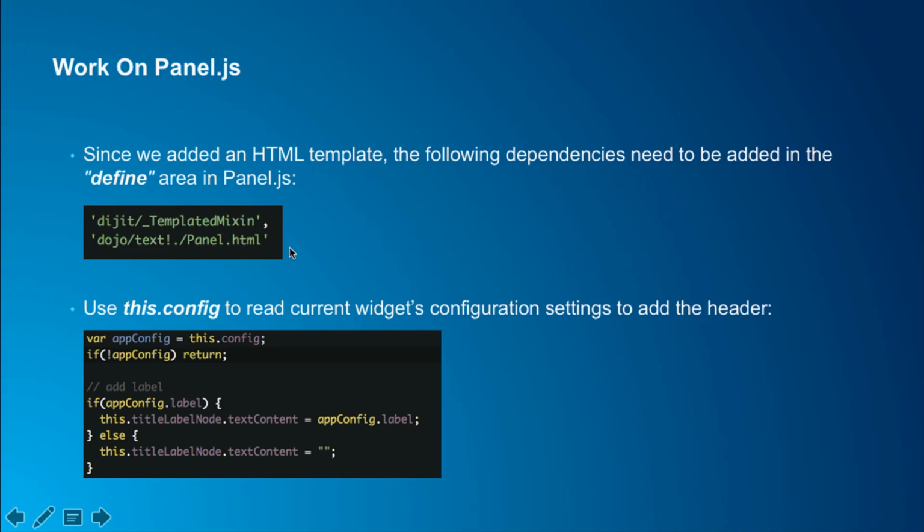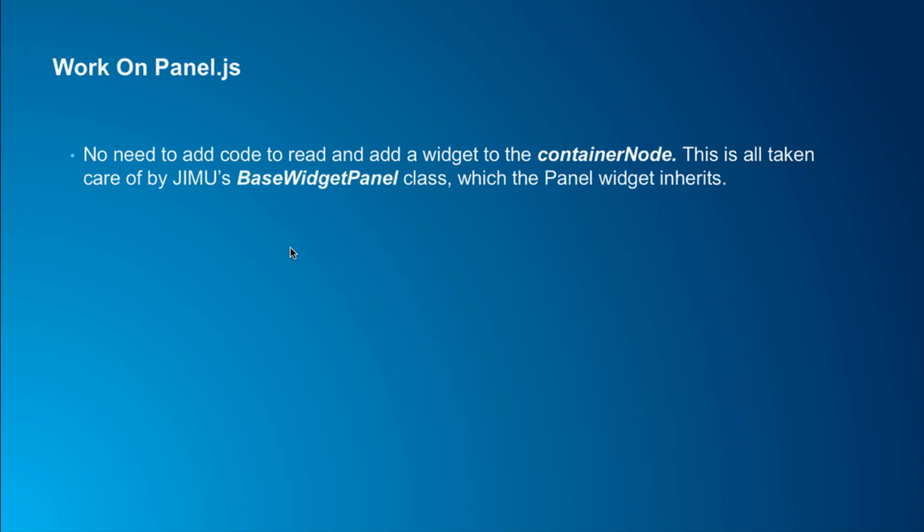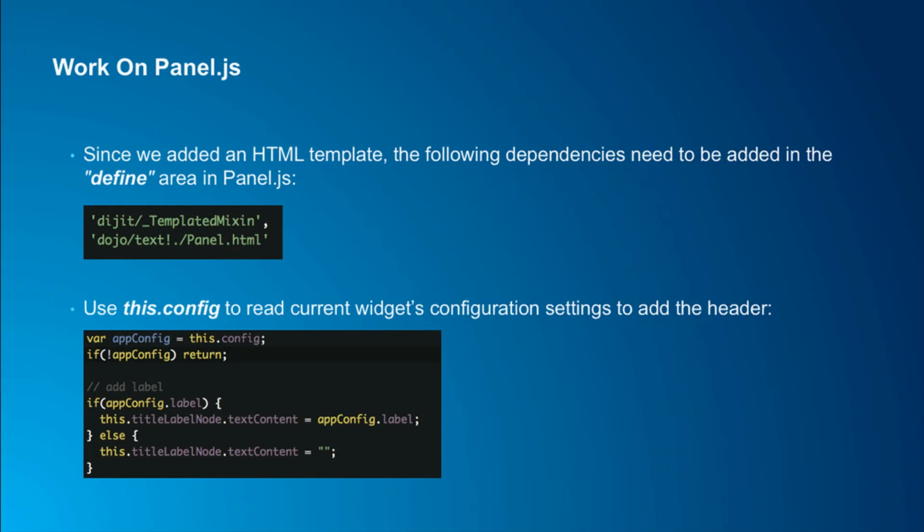I think we all know that for a templated Dojo widget to make it work, we need to add these dependencies in a define area to make it a template widget.